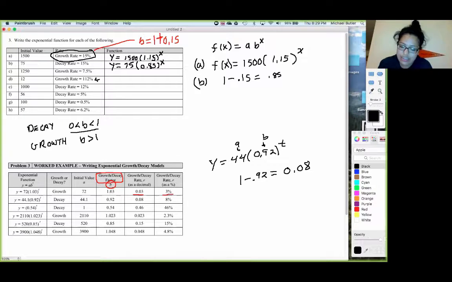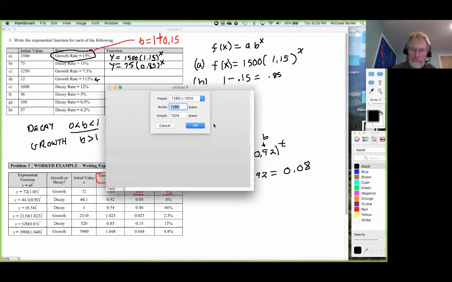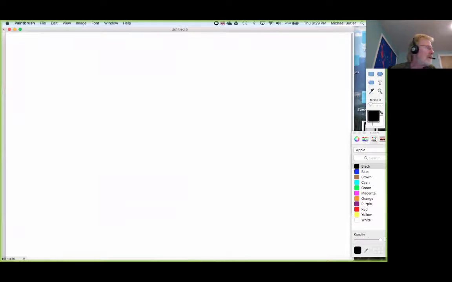Number 6 on 6.1, the practice problems. I kind of just skipped it because I didn't know how to do it. All right, well then let's fix that. Number 6 in 6.1 from the practice problems, yes?